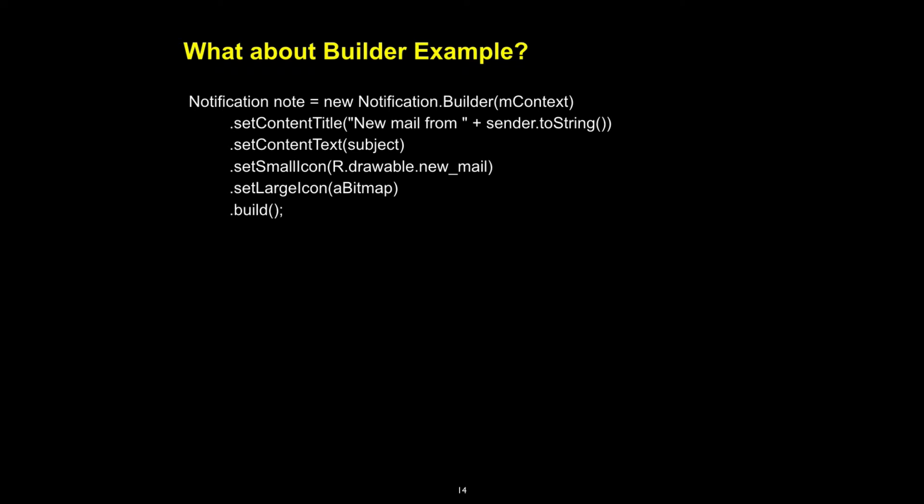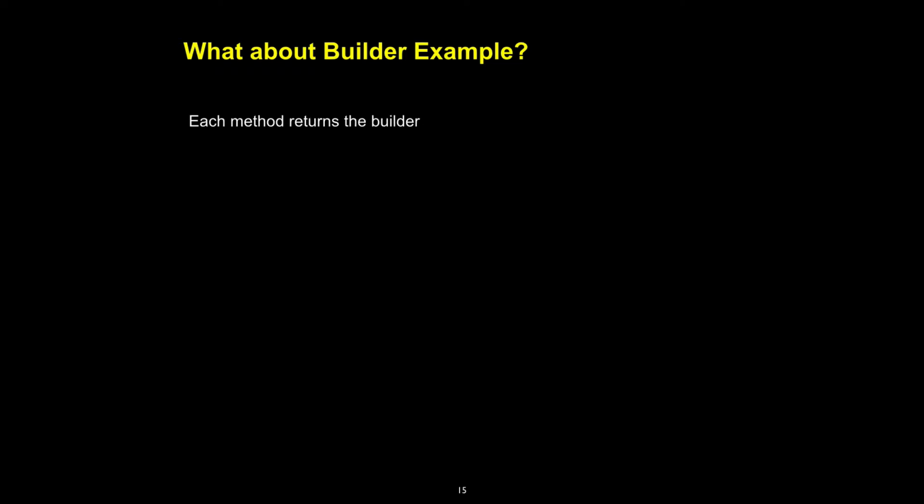Now there is, what's that? Constructing. Like this, right? So what about this example, where it's a builder example where you're new notification builder, then do this, do this, do this, right? But in that builder pattern, each function returns the same object, right?